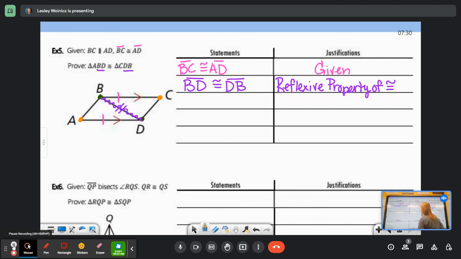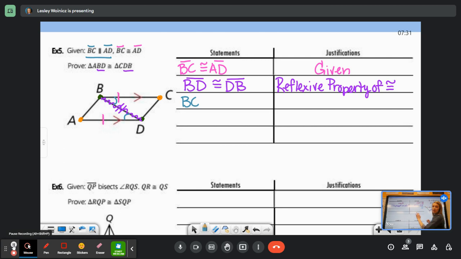Now all I need is an angle between those sides. Wouldn't it be great if I knew that this angle was congruent to this angle? Well, I have another piece of given information. I know that segment BC, oh, that should really have lines over them too. BC, did I say congruent?